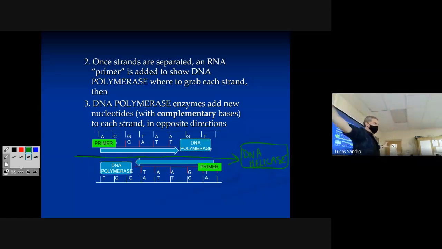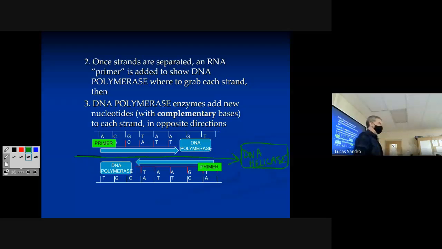Think of the helicase starting over here and separating the DNA as it goes. If the helicase is going this way, this polymerase has no problem. The polymerase that's going the same direction as it, fine, it's just following it. It's just adding bases as it goes, trailing the helicase as it unzips.